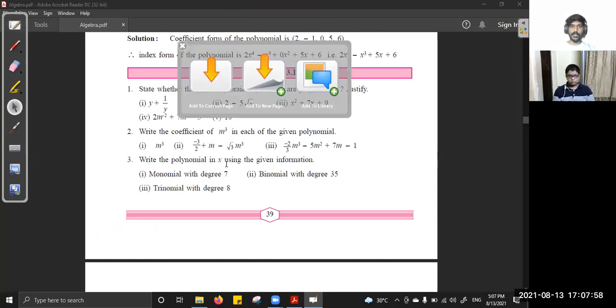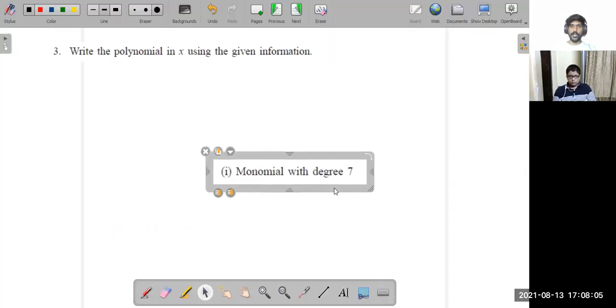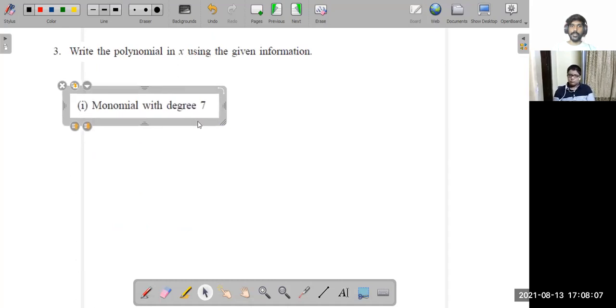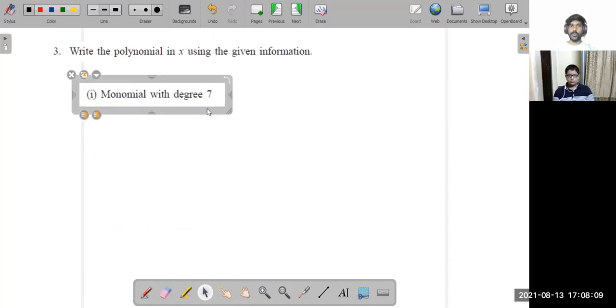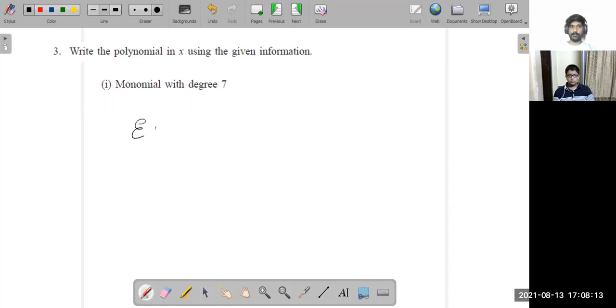First is monomial with degree 7. So you have to give an example of a monomial and the degree of that monomial should be 7. Can you think of any such example?